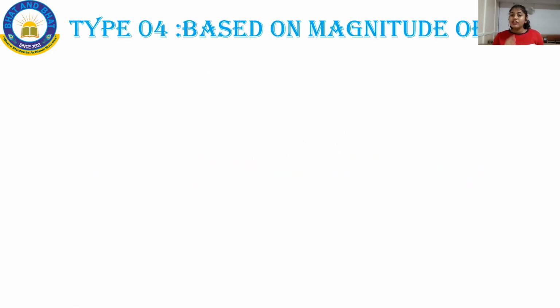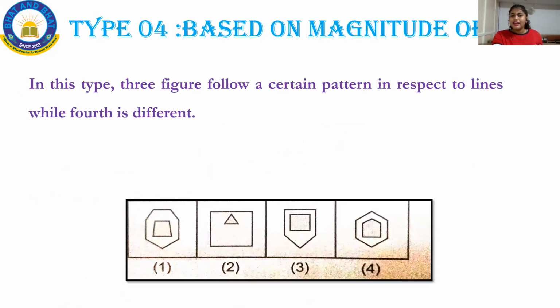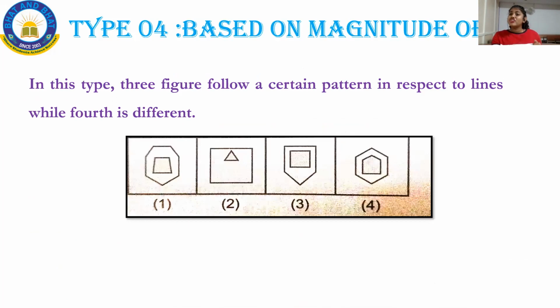Based on magnitude of line. Students, magnitude is nothing but, okay, number of sides or height. Actually, magnitude has a different meaning. Perfectly we should say height.